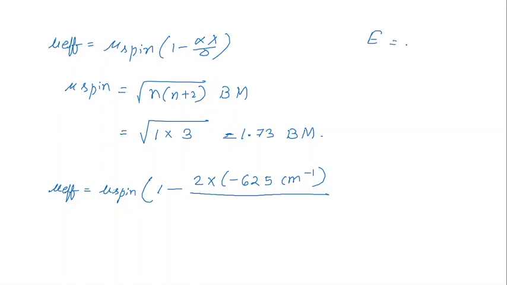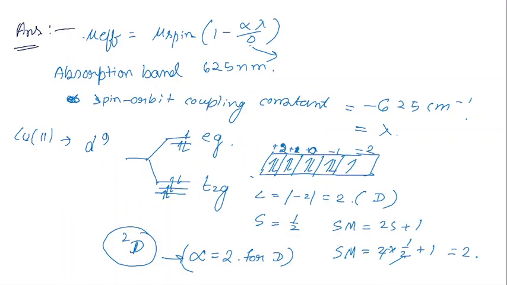This is the absorption, which occurs due to energy absorption from lower energy to higher energy, where the d orbital splitting happens. It occurs due to the electron transfer process.